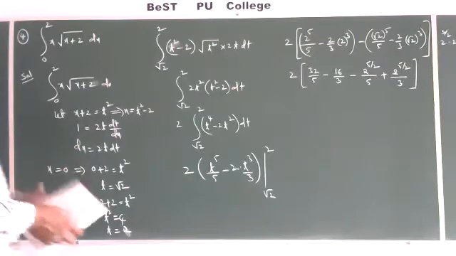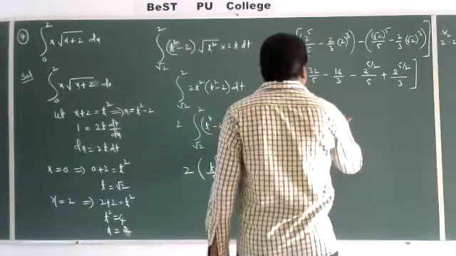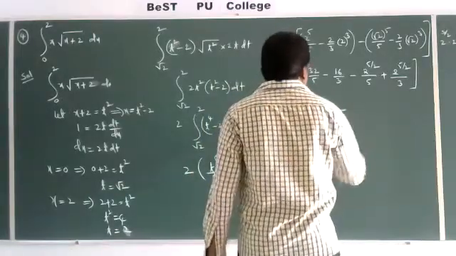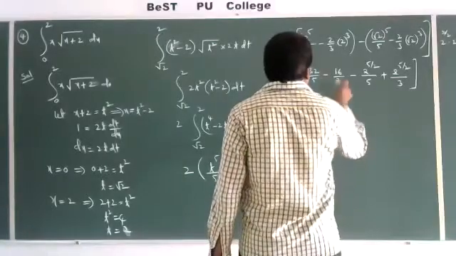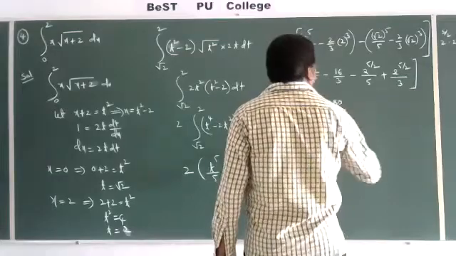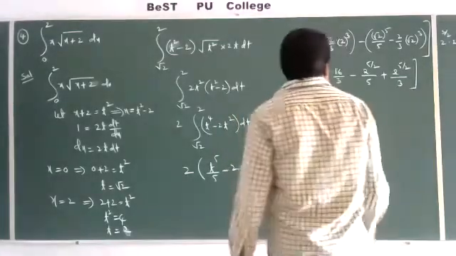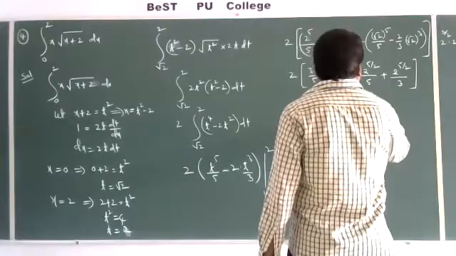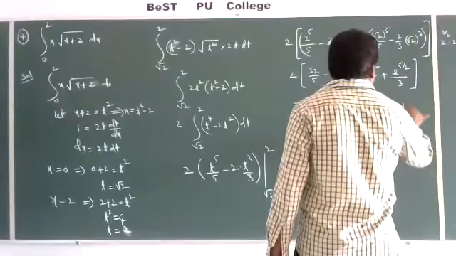So, the answer: simplify this. The LCM of 5 and 3 is 15. 3 into 32 is 96, minus 5 into 16 is 80, plus here 2 to the power of 5 by 2 is common, 1 by 3 minus 1 by 5.